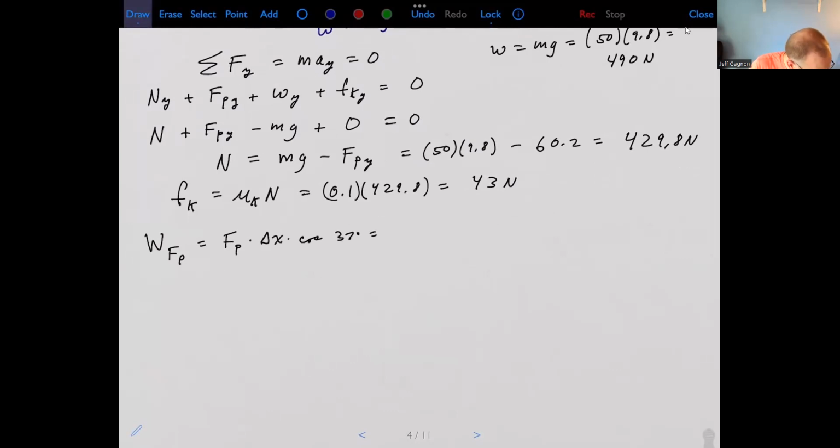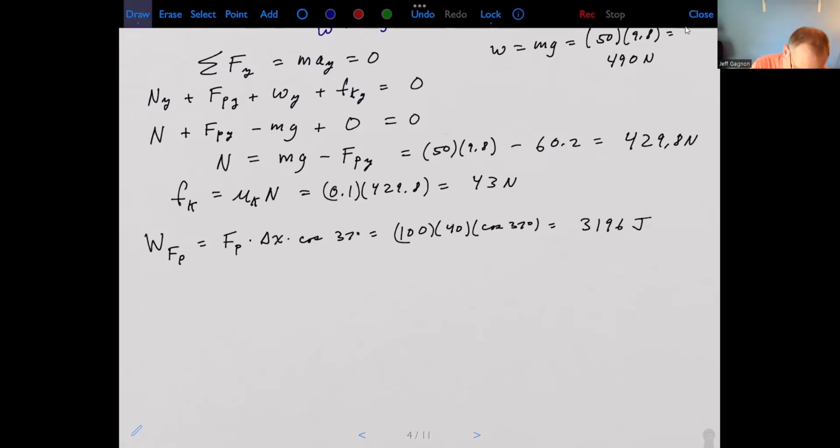So this will be 100 times the displacement was 40 times cosine of 37. And if you work that out, it turns out that's going to be 3,196 joules. Okay, so that's the work done by the applied force.